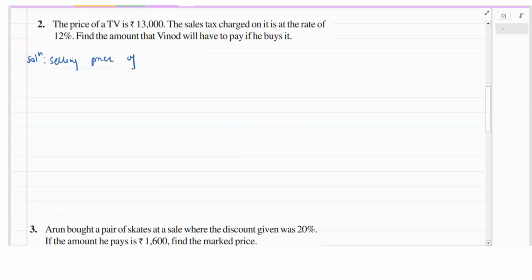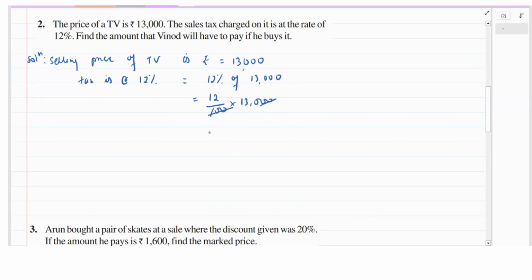Selling price of the TV is rupees 13,000. And tax is at the rate of 12%, means 12% of 13,000. So how much will be the tax? 12% of 13,000.